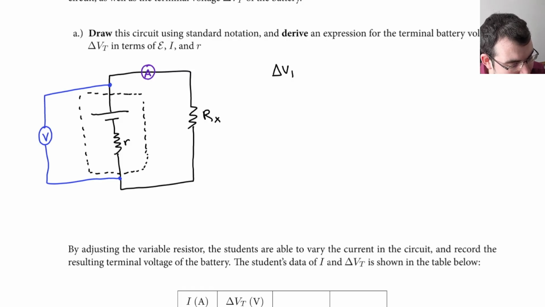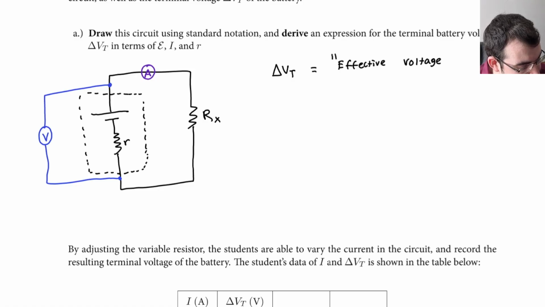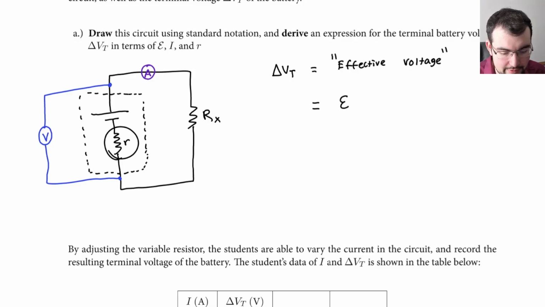Well, delta V terminal is the effective voltage of our battery. So what this means is that it's the isolated EMF. This would be if there's no losses inside, but we can see it's not going to be equal to epsilon, because we're going to be losing some of our effective EMF due to the internal drop.